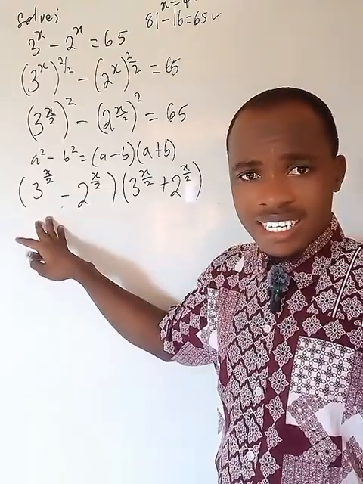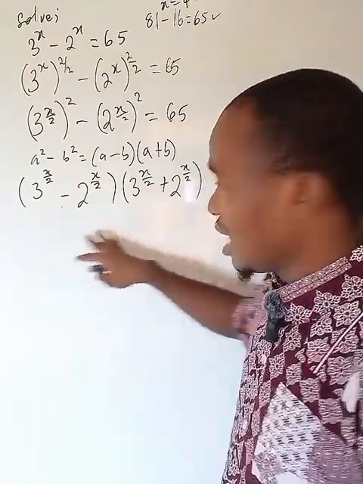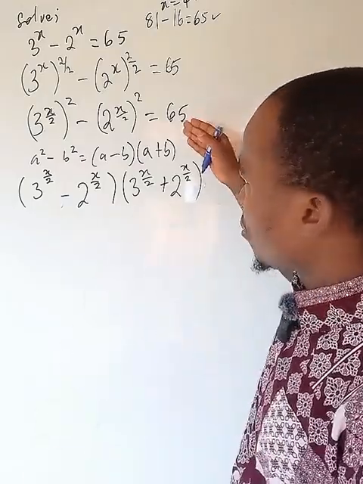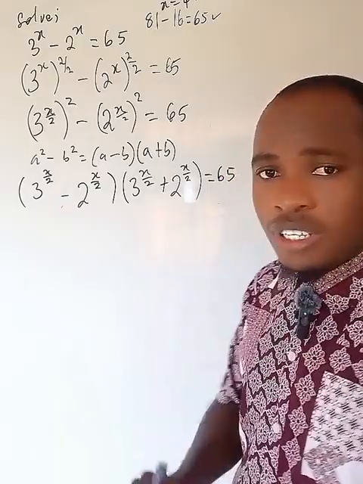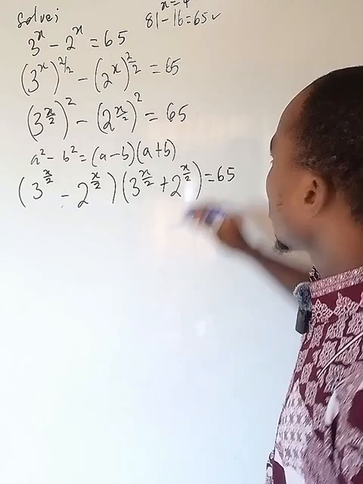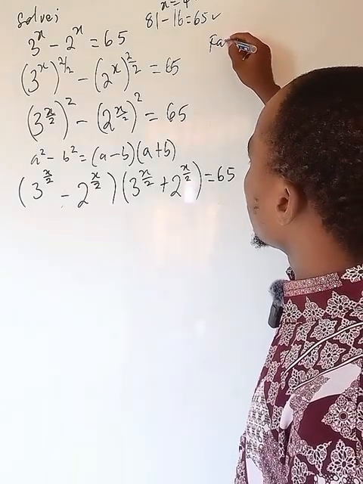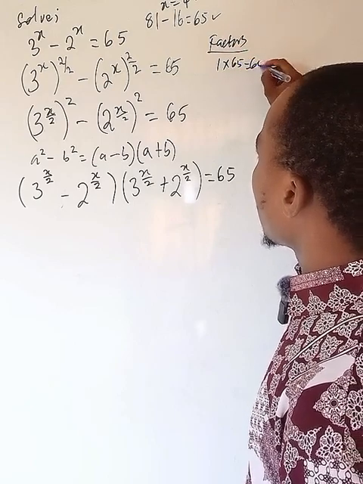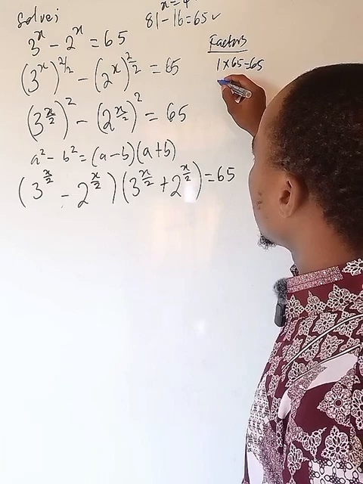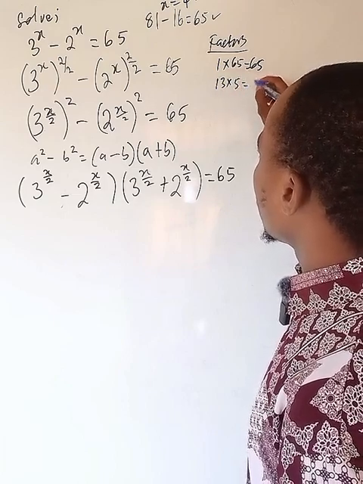Now, since I factorize the left hand side, I will have to factorize the right hand side, which is 65. The factors of 65 are: 1 times 65 will give us 65, and 13 times 5 will give us 65.